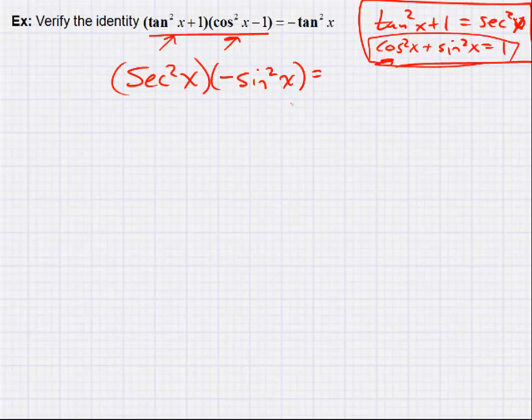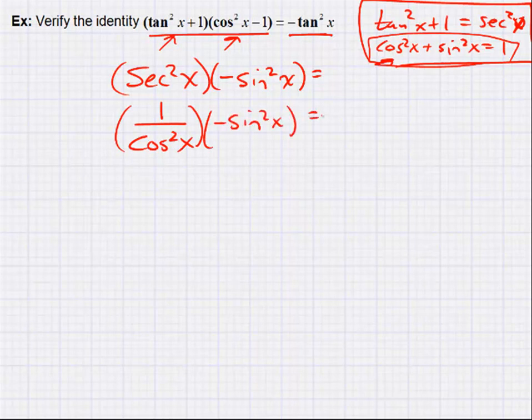Okay. I'm still not where I want to be. I want to turn it into negative tan squared. Well, secant squared is 1 over cosine squared times negative sine squared x. Take that, I have negative sine squared x over cosine squared x.